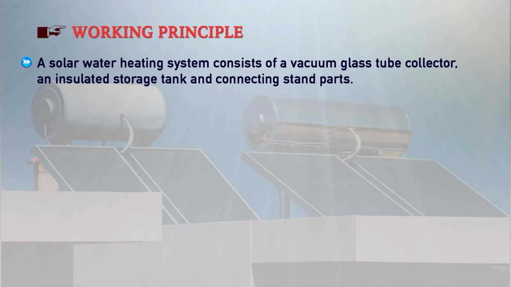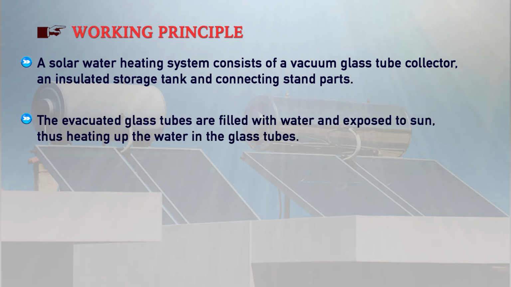A solar water heating system consists of vacuum glass tube collectors, an insulated storage tank and connecting parts. The evacuated glass tubes are filled with water and exposed to the sun, thus heating up the water in the glass tubes.